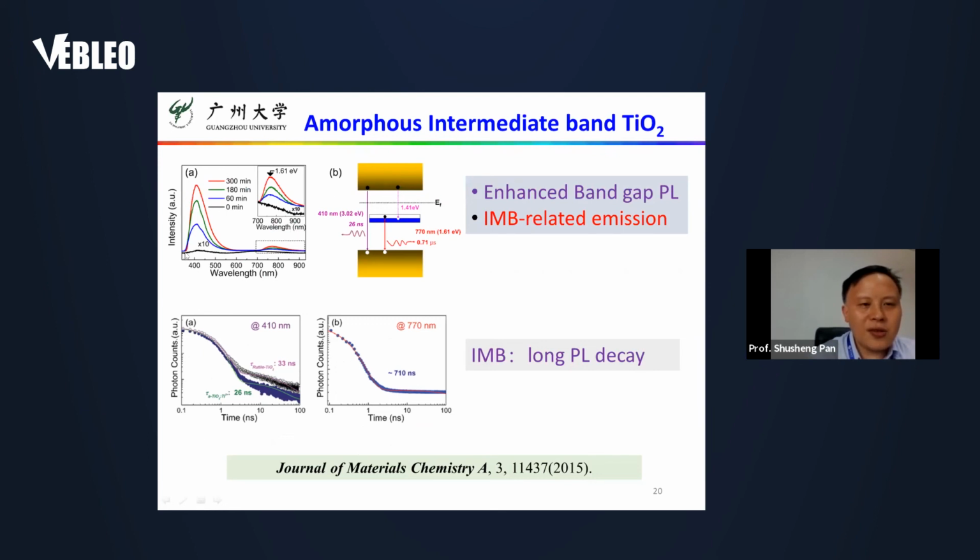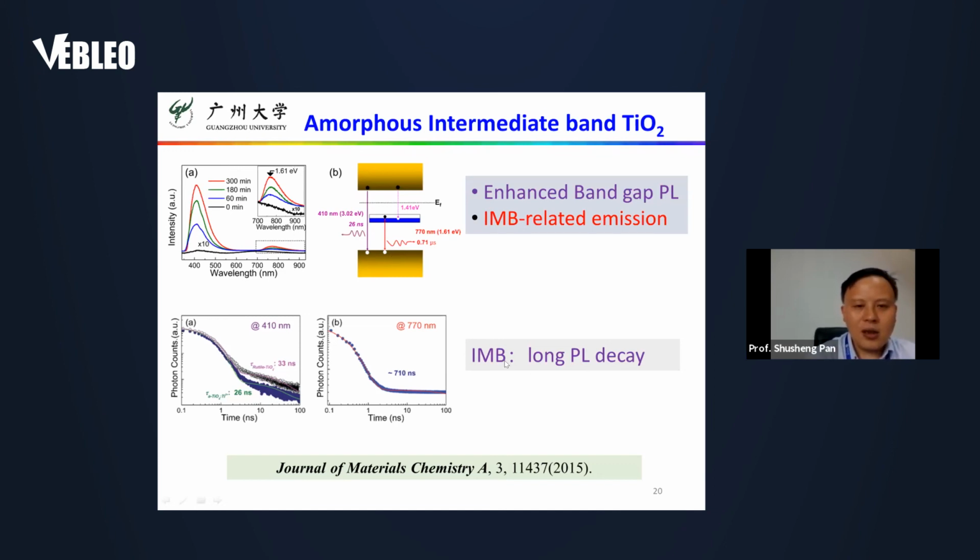As compared with the pristine titanium oxide, the band gap emission, band to band recombination, the PL intensity is greatly enhanced. And furthermore, there is some intermediate band related emission from the PL results.